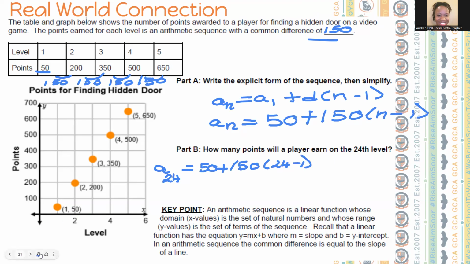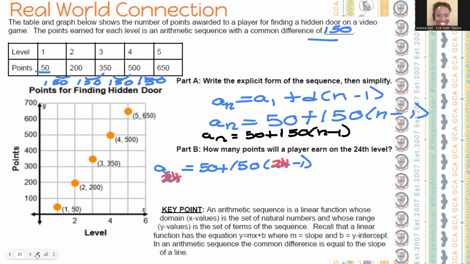They want it to be the 24th level. So I'm substituting 24 here. And let me go ahead and rewrite this up here so you guys can see this properly.